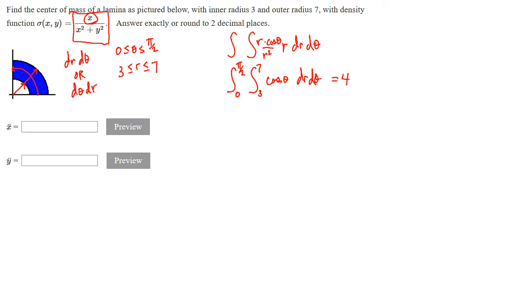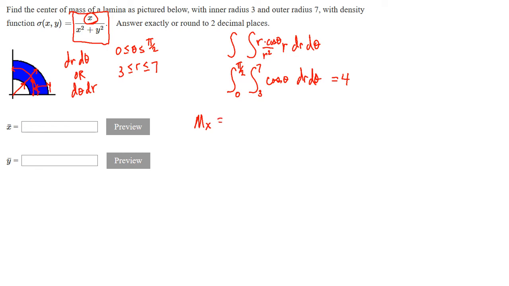And then we come down to the moment about the x-axis. Now remember, the moment about the x-axis means the distance from the x-axis vertically to some point in the region. And that distance is what we call y.